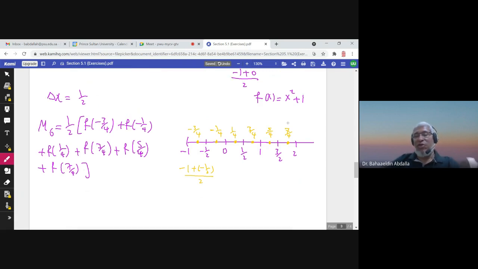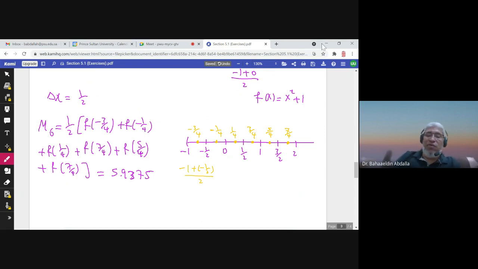You use the definition of f to find each one of them, and you calculate them, and you find that the answer is 5.9375. Make sure that this is the correct answer.